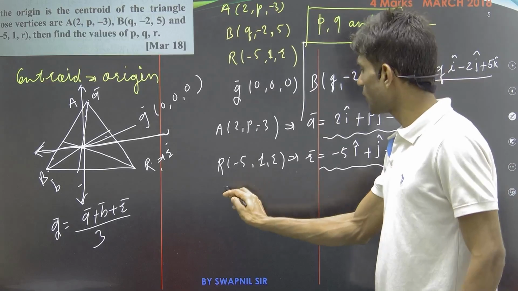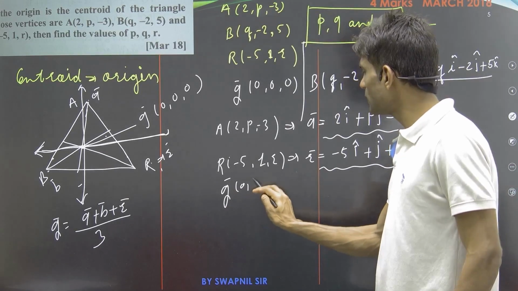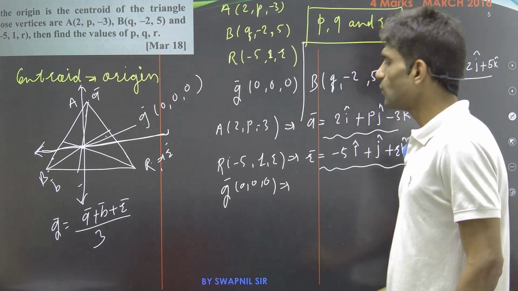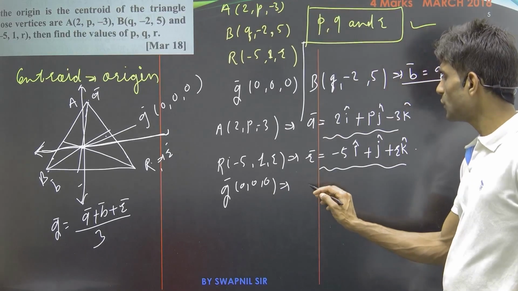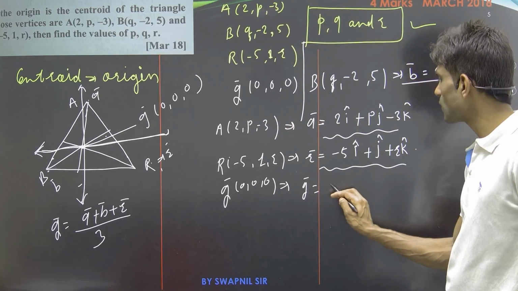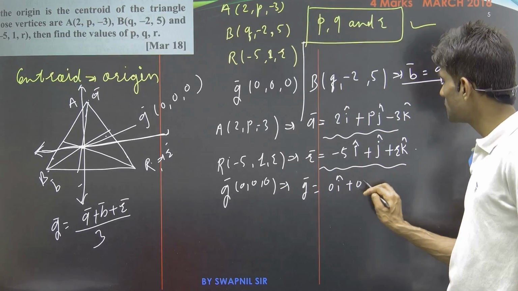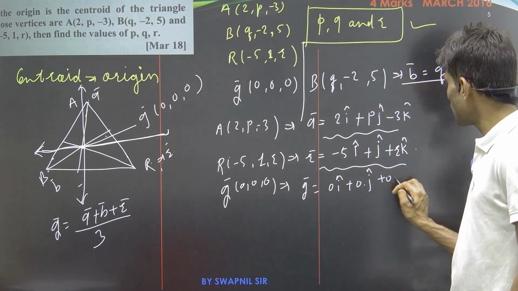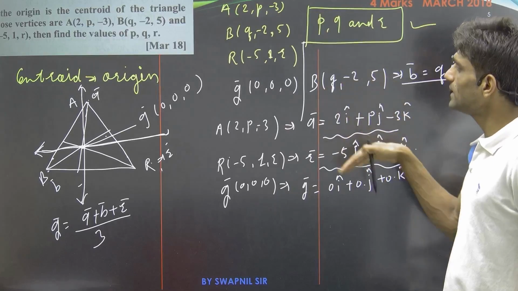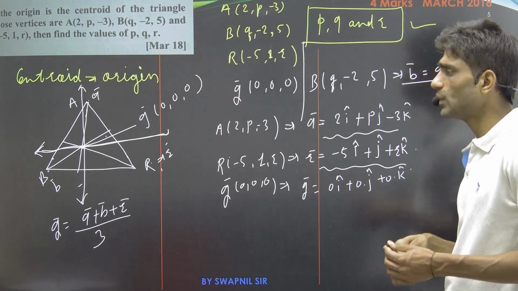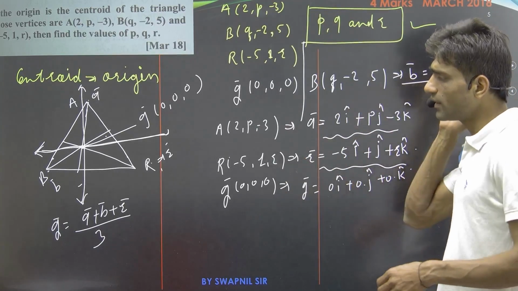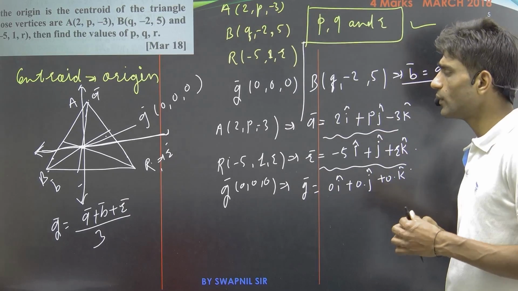So how can we write g bar at 0, 0, 0? Position vector g bar at 0, 0, 0 can be written as g bar equal to 0 times i cap plus 0 times j cap plus 0 times k cap. So all this data is given here in our example. Now substitute all this given data in our formula for the centroid.